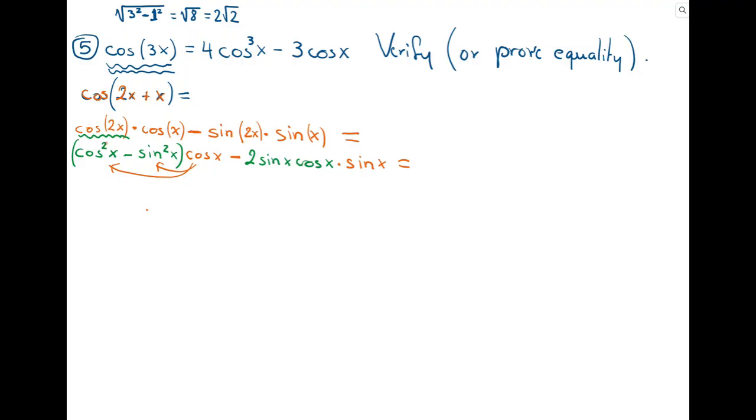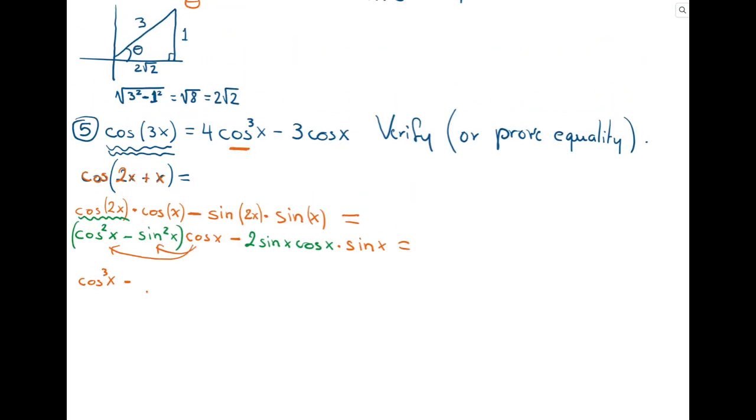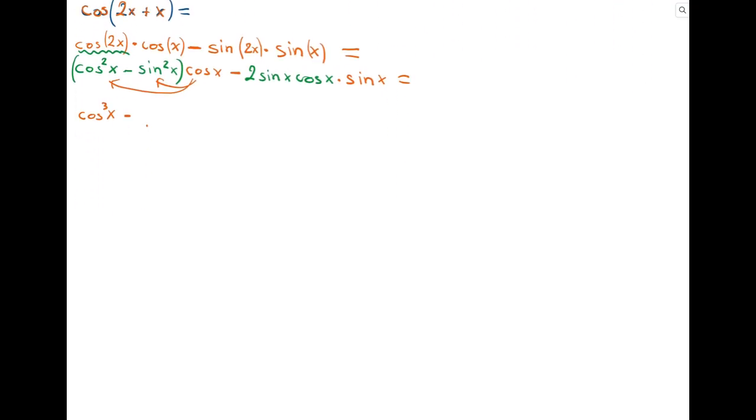Okay, so I'm going to have cosine x times cosine squared x is cosine cubed x. We're making progress to see what we have here. Cosine cubed x minus, I have a sine squared x times cosine x. And then on this side here, we're just going to multiply.